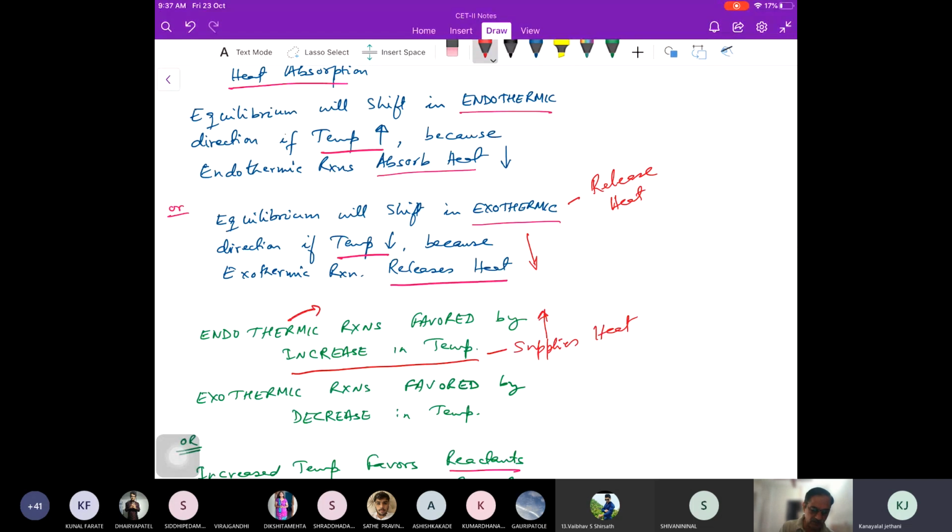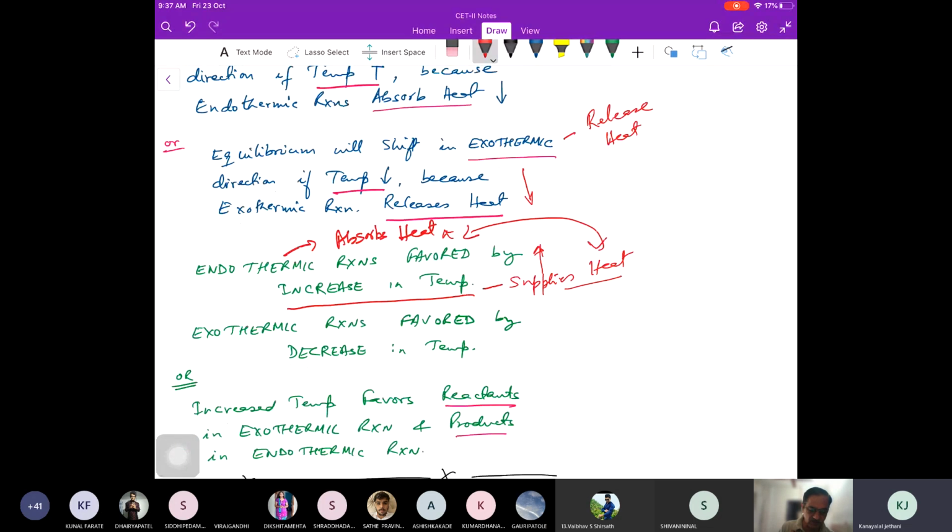And endothermic reaction absorbs heat. Because the reaction itself needs heat for it to be conducted. That higher temperature, this is opposite, right? ये absorption of heat है, ये supply of heat है, this उल्टा है.